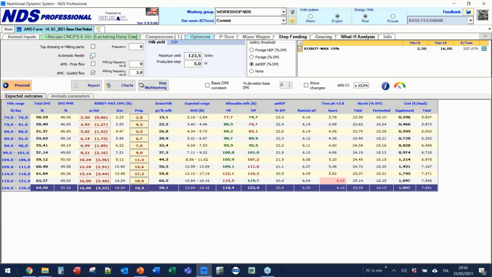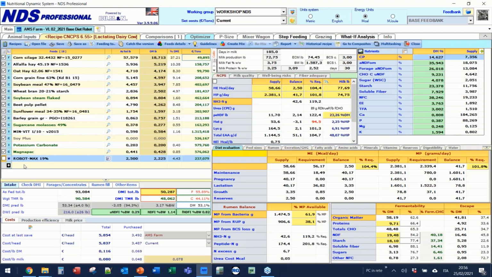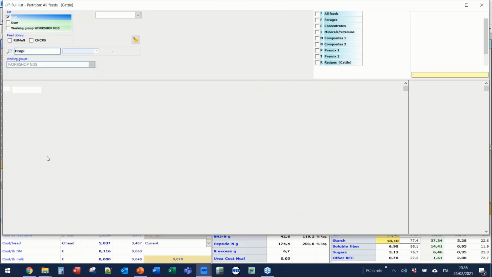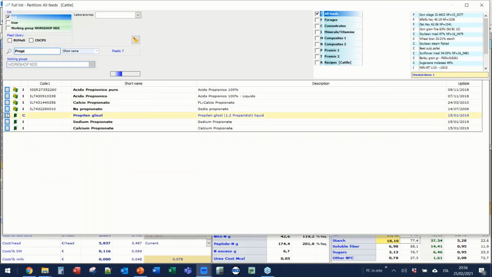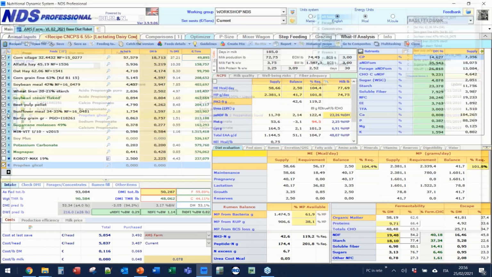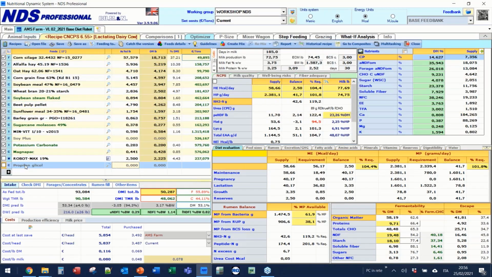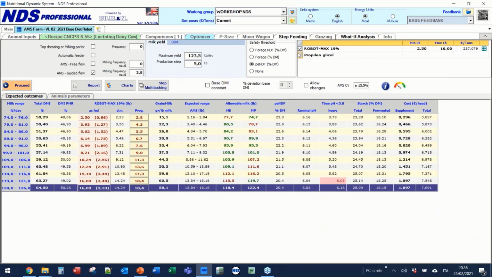For example, if I add a liquid feed, propylene glycol maybe, I tell the system that it is provided by the robots. I go back to the step feeding. I want to set a minimum of 0.2 and a maximum of, let's say, 45.